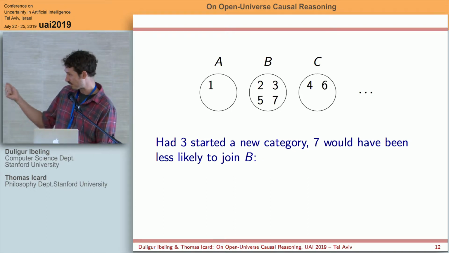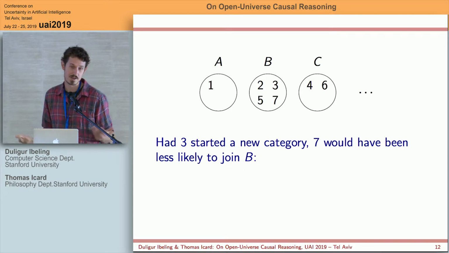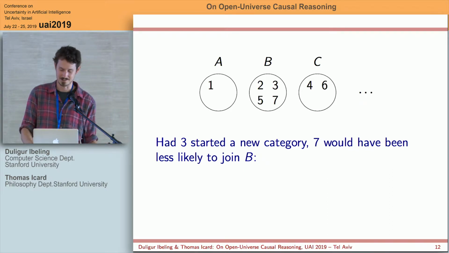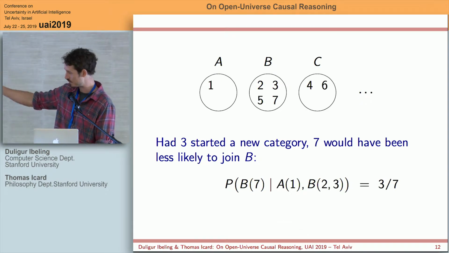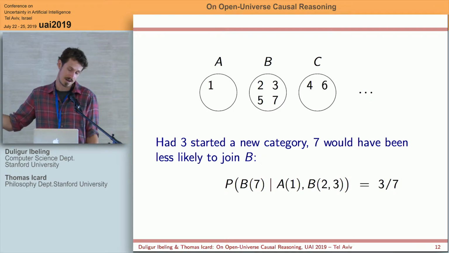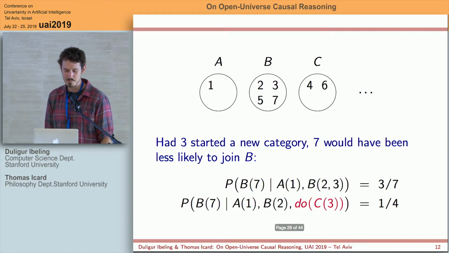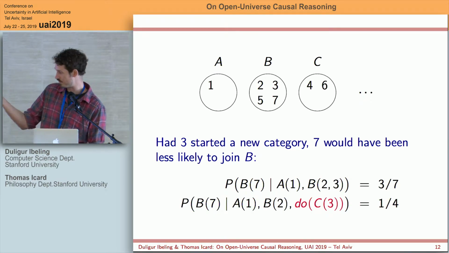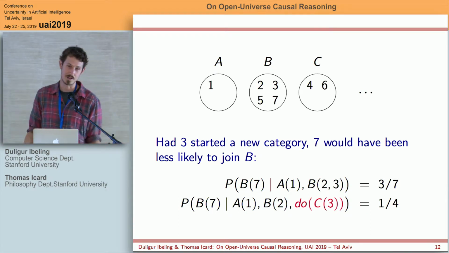So, for example, had 3 joined a different category, say C, then 7 would have been less likely to join B. So given the categories that 1, 2, and 3 in fact took, 7 had a fairly high probability of joining this category B. But if instead we had set 3 to category C, then it would have been lower.